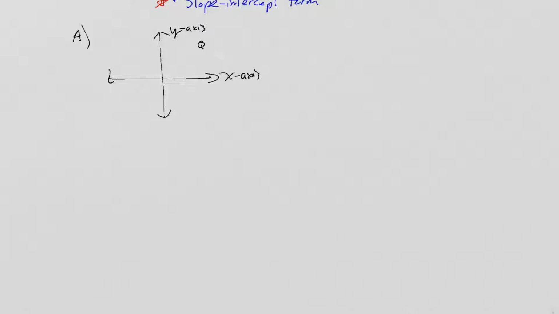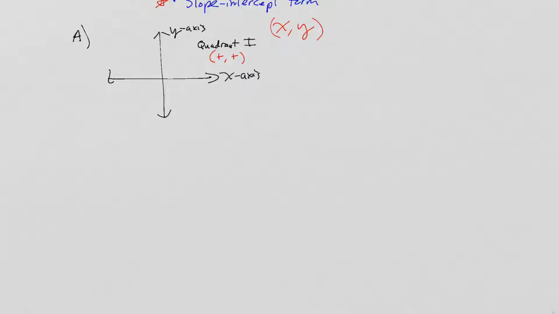So this is quadrant 1. And what makes this one special is that the coordinates are x comma y. So the x is going to go first, the y is going to go second. So the signs in quadrant 1 will be positive for the x and positive for the y.